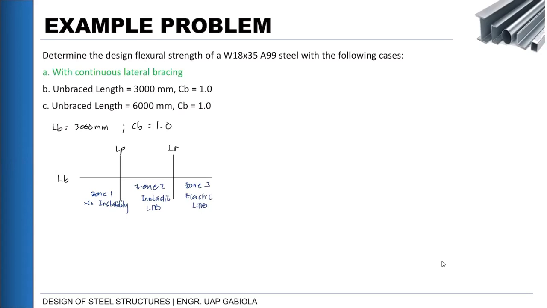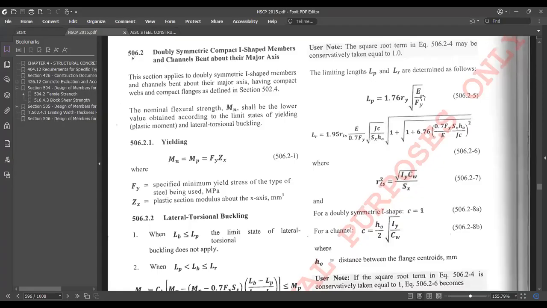And according to the formula in the NSCP, let me just write our formulas. This is our LP. So LP is equals to 1.76 RY square root of E over FY. Okay?